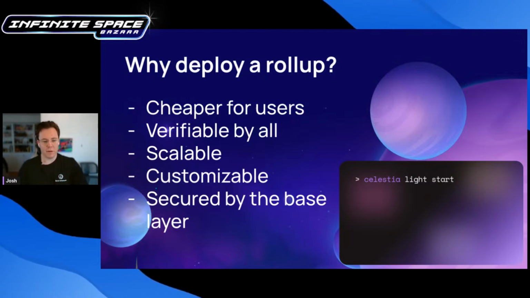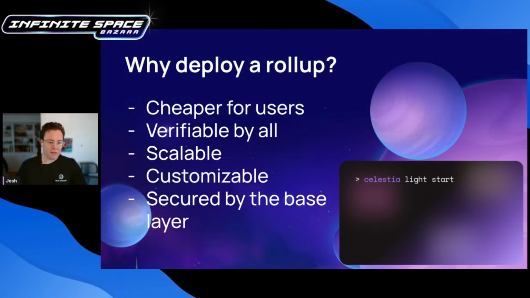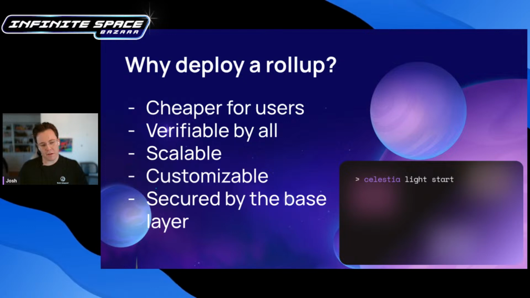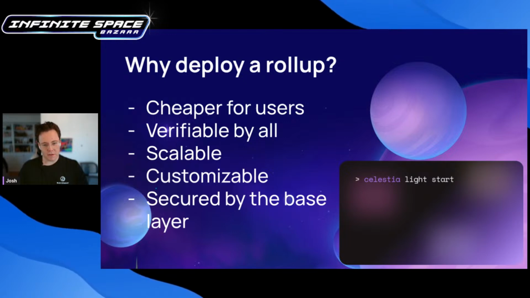This is where we go in the direction of running app chains. Lastly, rollups are secured by the base layer. So in the case of settling to Ethereum and posting data to Celestia, that's secured by Ethereum and Celestia for data availability.